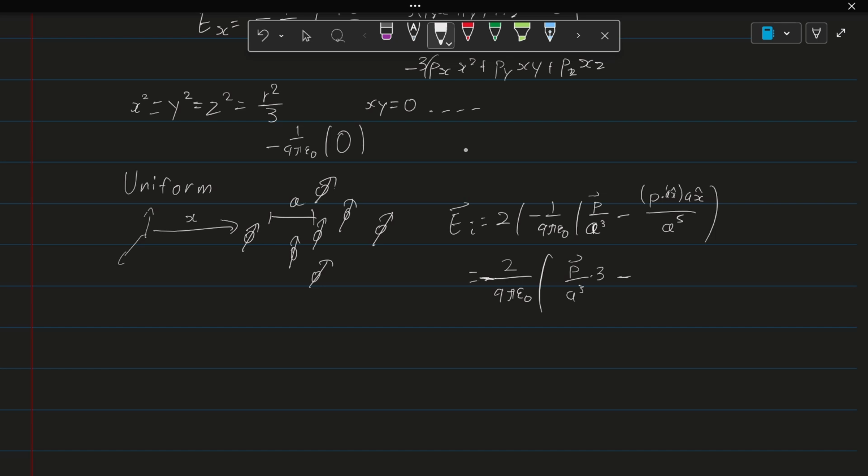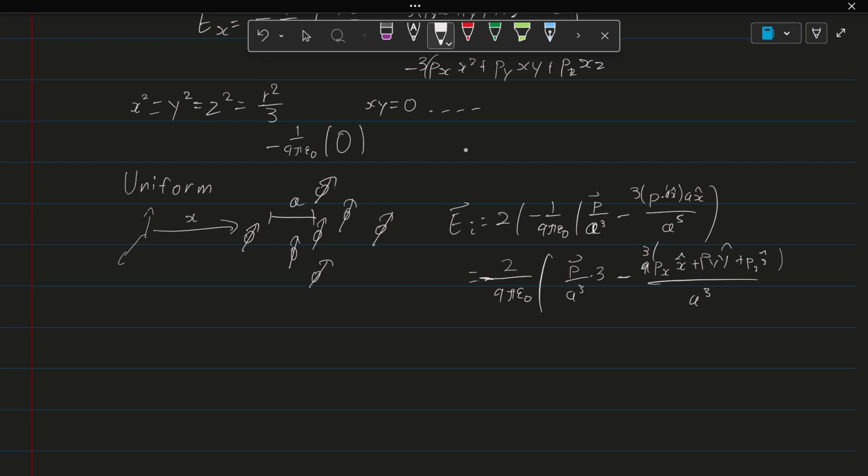Now, something that's interesting about this is that for the very first component, it's just a px, right? And then this is in the x hat direction. And then actually the a and the a would cancel each other out at the bottom, so it will be just a cubed, just to make it simple. So same thing for the y, it's going to be py y hat, and lastly for the z, it's pz z hat, and technically there's 3 here, I forgot, like so.